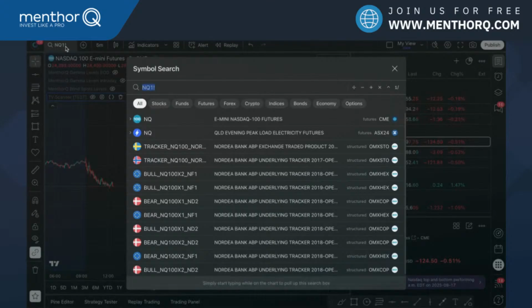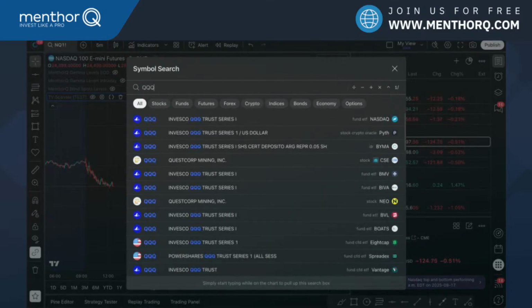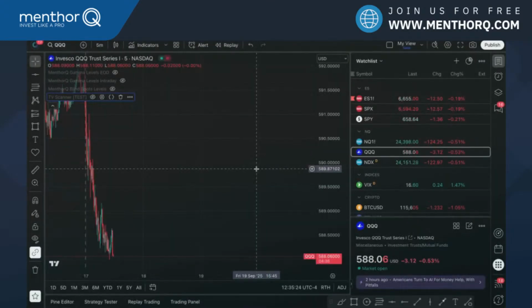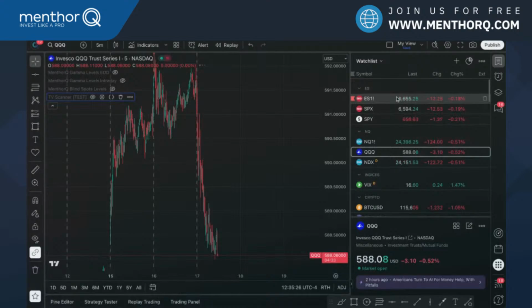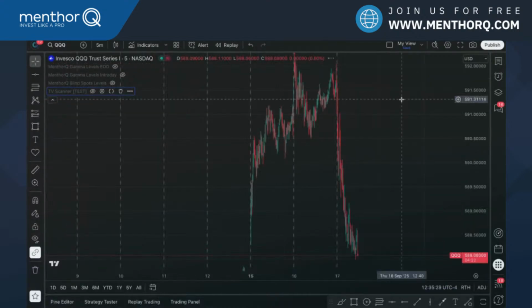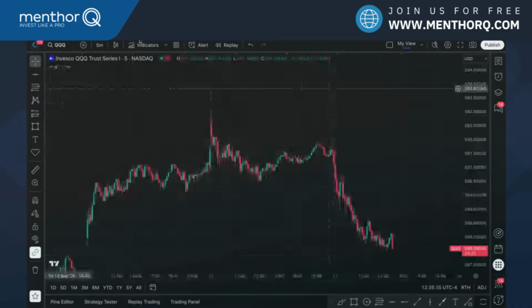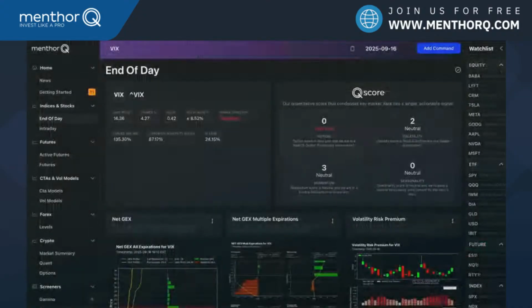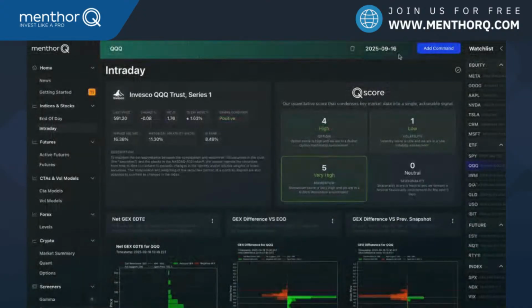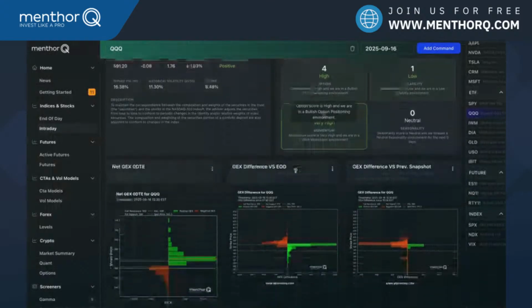Let's go over the power of intraday data, right? So what I want to show you guys is an example coming from yesterday, and then we can also look at an example coming from today. So let's focus on yesterday, right? Yesterday, and I'm going to open up my QQQ from yesterday, and I'm going to move into the intraday section.